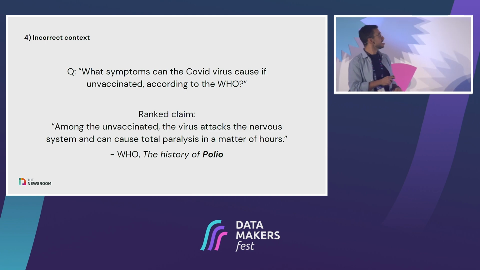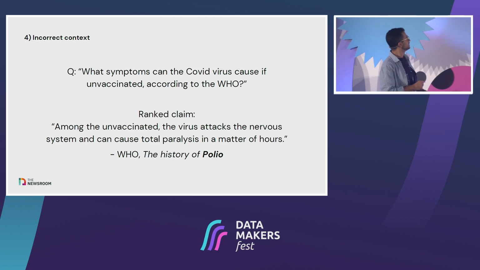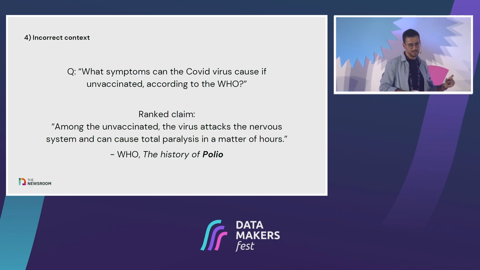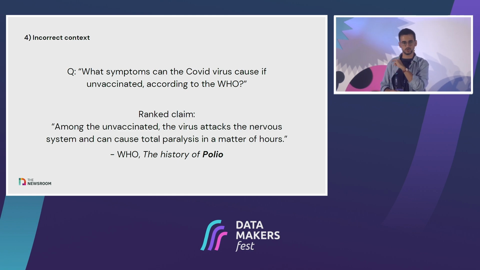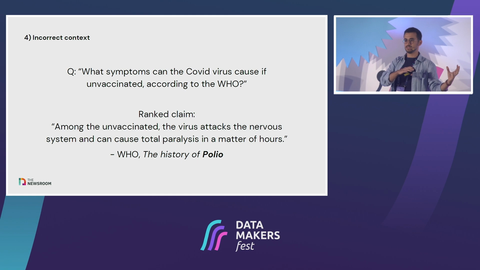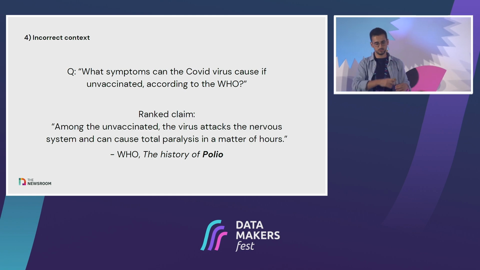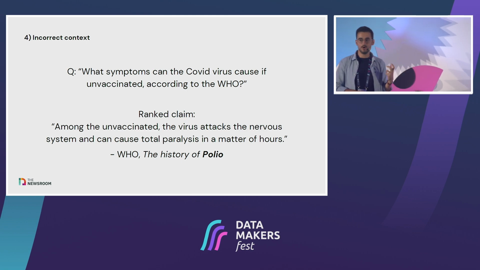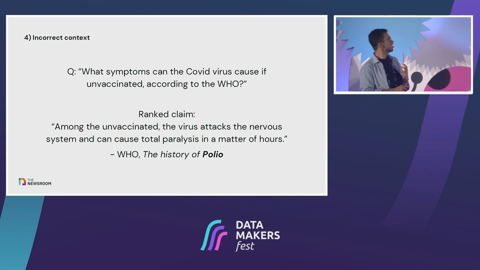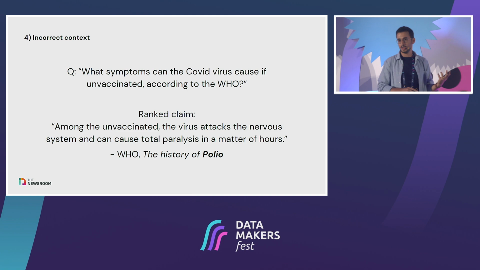Your system may retrieve this sentence from the database: among the unvaccinated, the virus attacks the nervous system and can cause total paralysis. Now the problem is, if you just feed this into the system, it will say, okay, cool, this is the answer to the question being asked. But if you have the context, this actually comes from a report on polio and not on COVID.